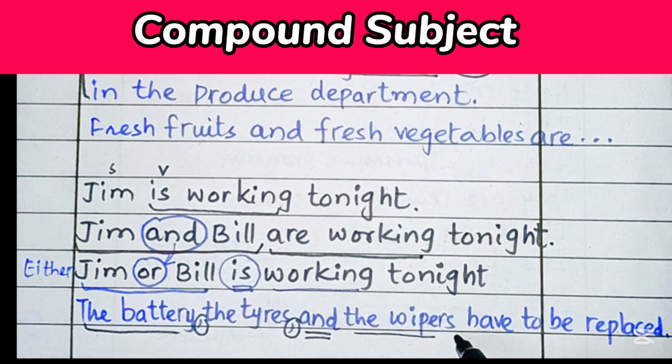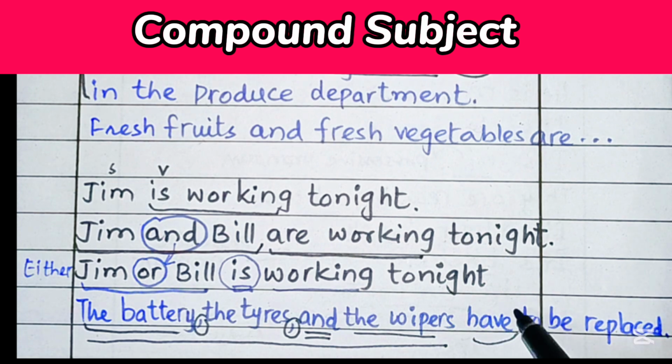So we have these three options connected with and. It makes it a compound subject, and accordingly the plural verb follows, have to.